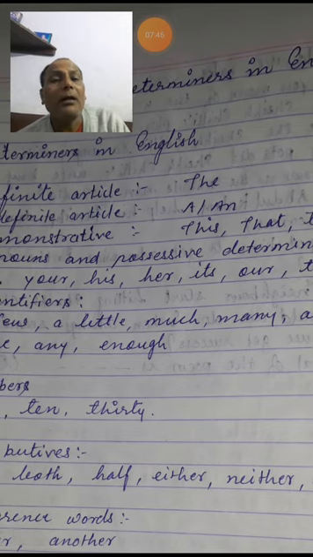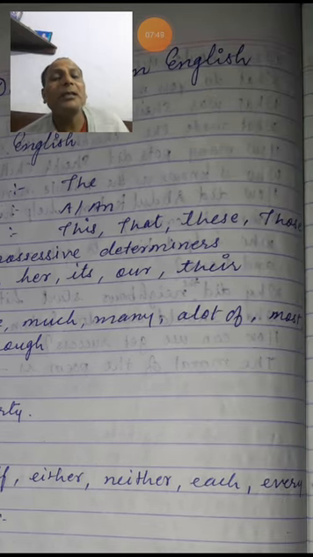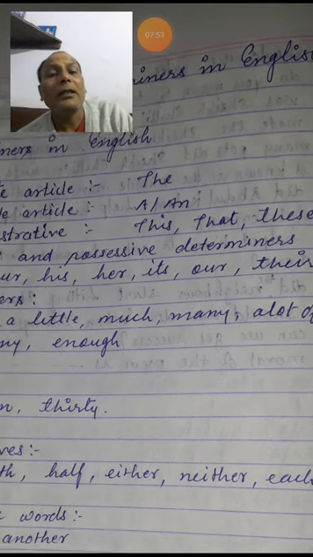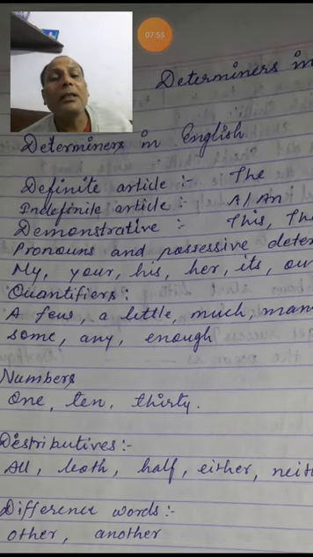Demonstrative determiners are this, that, these, those, there, here. These are the demonstratives.